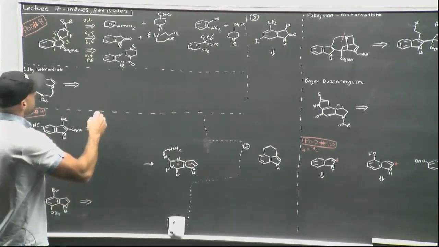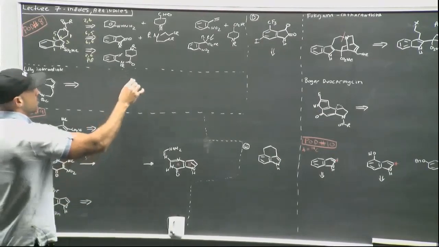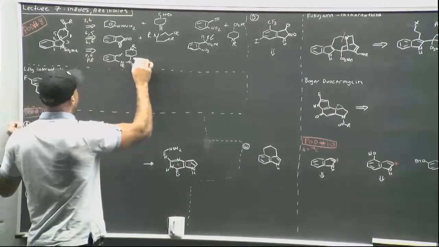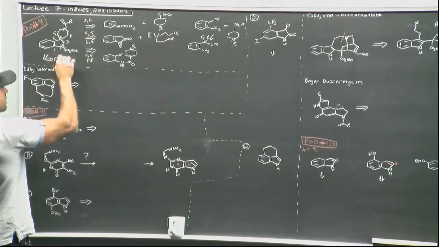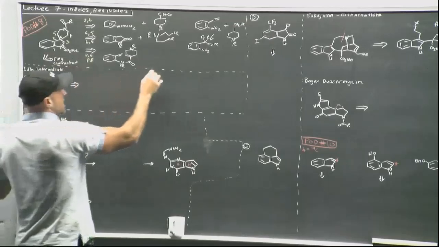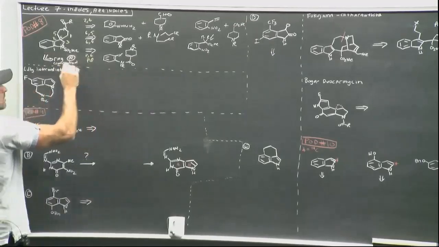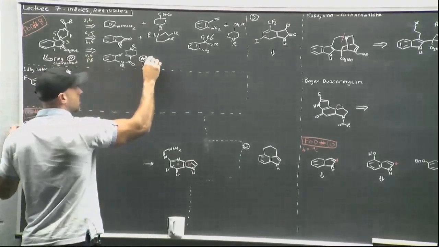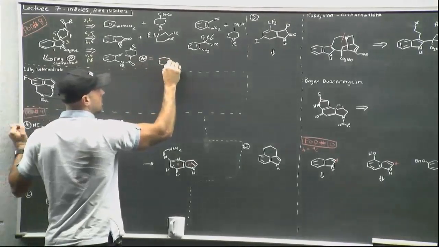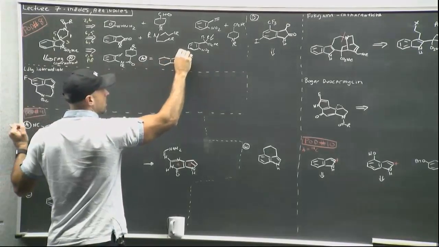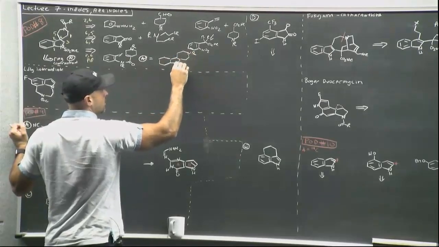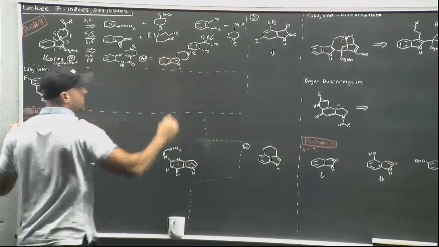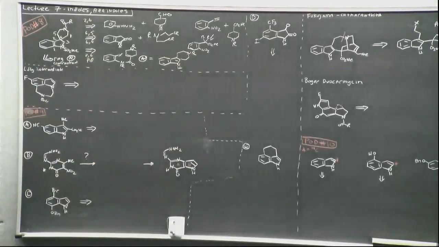Because I don't know how you outcompete migration though. Well, let's talk about migration. Migration implies that this could come from ring contraction. And that route would lead to making that beta-carboline, it's called.